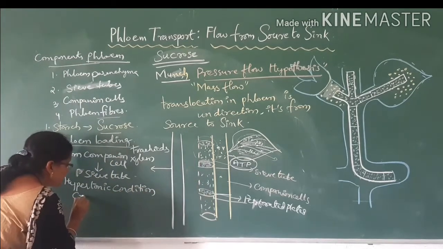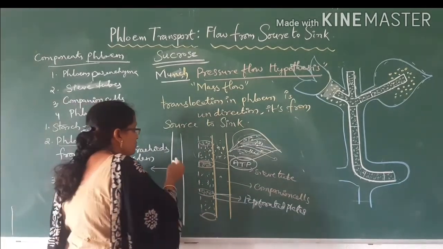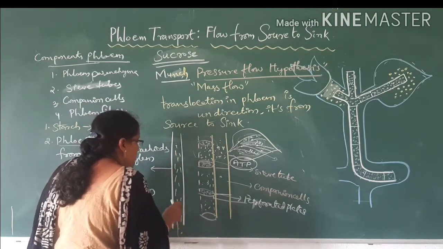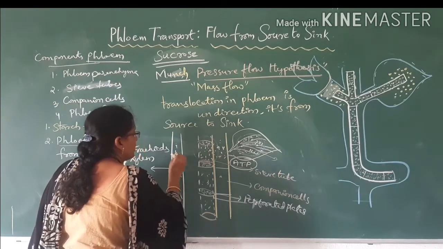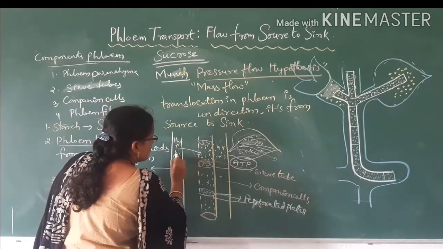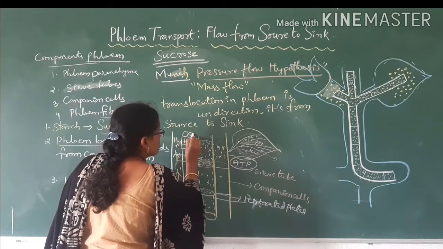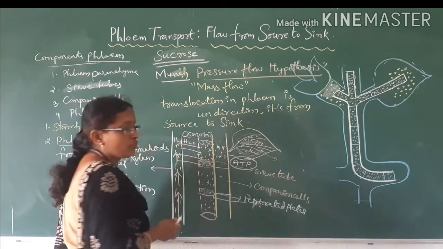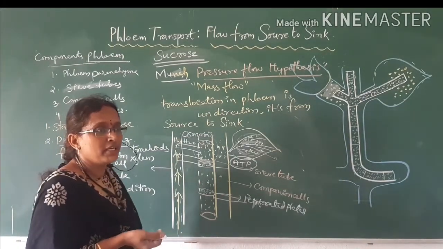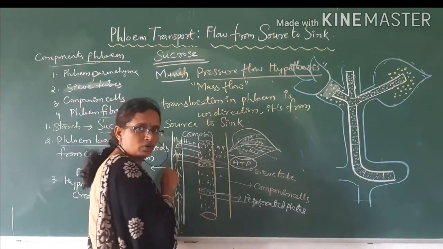Then from the neighboring adjacent cells of xylem, water and ions move continuously. It is taken passively by osmosis, and water moves into the tracheids by osmosis. So when phloem loading has taken place, all the sucrose solution creates the hypertonic condition.